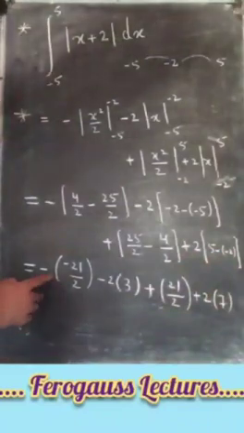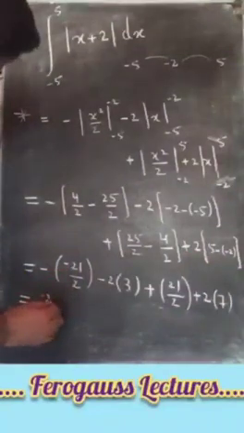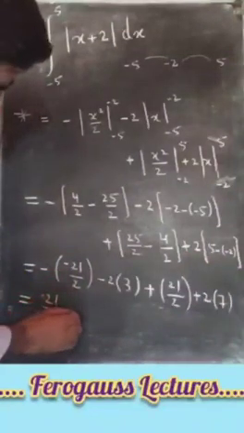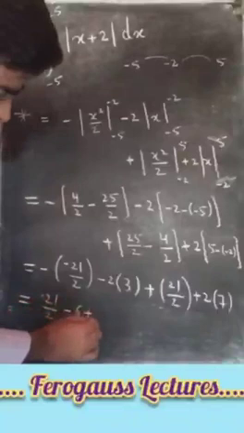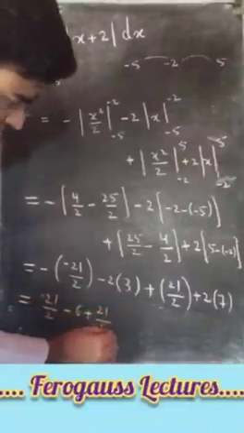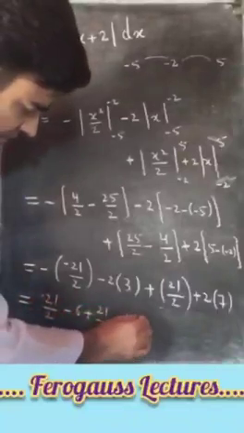That is further equal to, minus minus is plus, plus 21 by 2, minus 6, plus 21 by 2, plus 14.